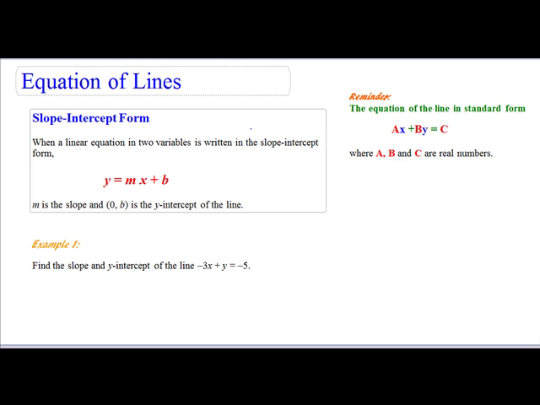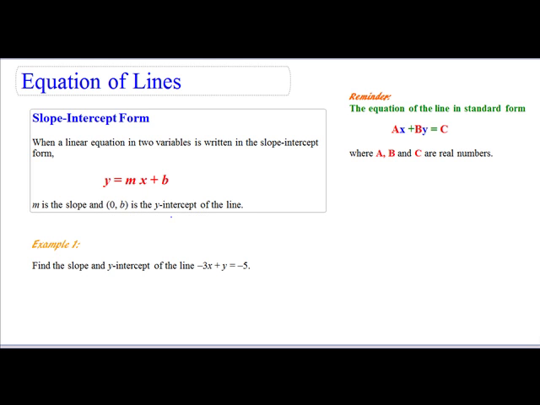Now, we also learned from the previous section that to write the equation of the line, we can use the slope-intercept form. It's written as y equal to m times x plus b, where m is the slope and b is the y-intercept.